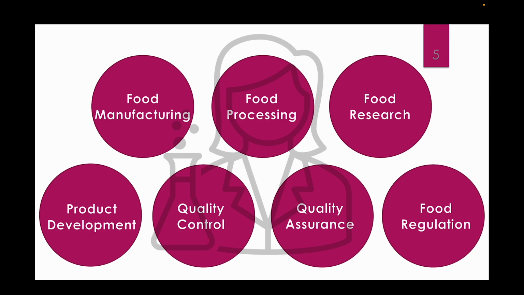Food regulation is the process of determining standards for products, defining what is considered safe, and inspecting products. All those food regulations that the government sets are to ensure safety and quality of the final product and the quality and safety throughout the process of the food.